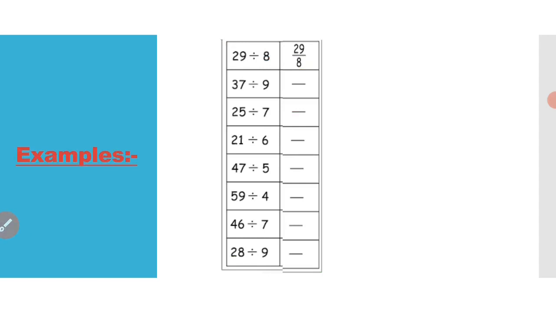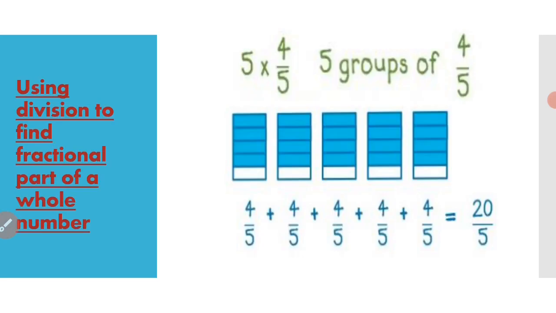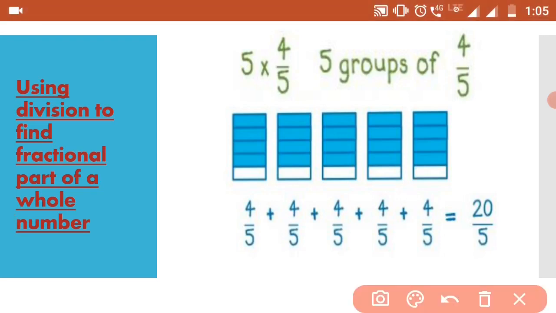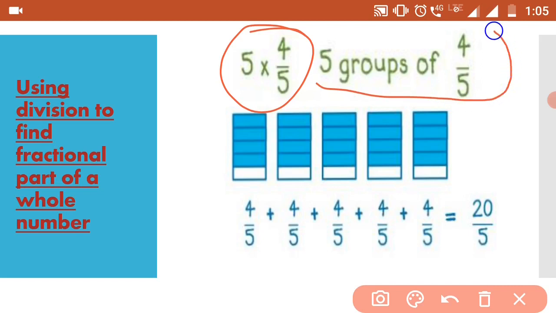Okay, let's move forward. Now, using division to find a fractional part of a whole number. As you can see, if I have to solve 5 multiplied by 4 by 5. What is 4 by 5 here? A fraction, right? And you have to solve it. So it means 5 groups of the 4 by 5 fraction.